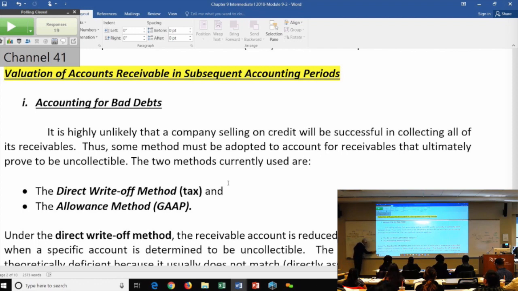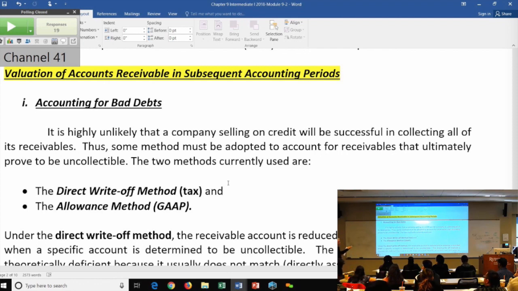And then we also have the allowance method, which you've seen, the allowance for uncollectible accounts. The direct write-off method is a tax-based method because you only recognize the bad debt in the year in which it is uncollectible, not in the year of the sale. So if you remember back in the material for the first exam, we talked a lot about direct association, correct? The bad debts should be directly associated with sales, but the direct write-off does not do that.